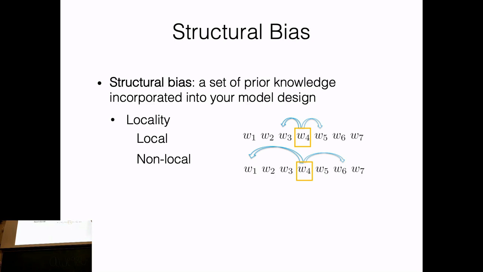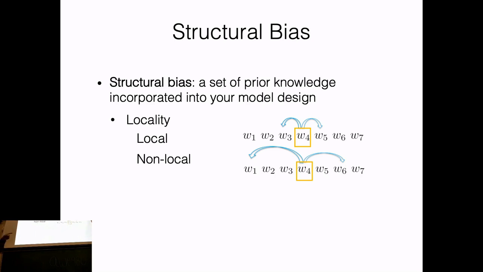Here I give some detailed explanation. We can get to know the structural bias from two perspectives. The first, I call it locality. The local and the non-local could be one type of structural bias.